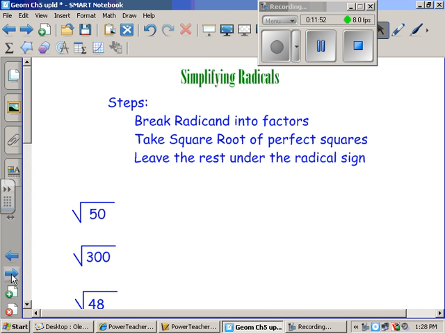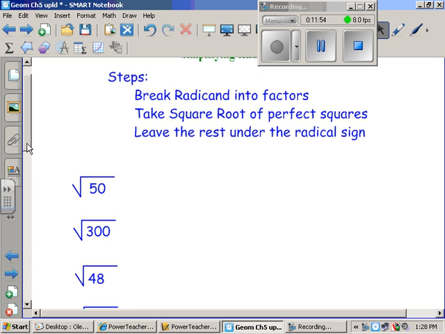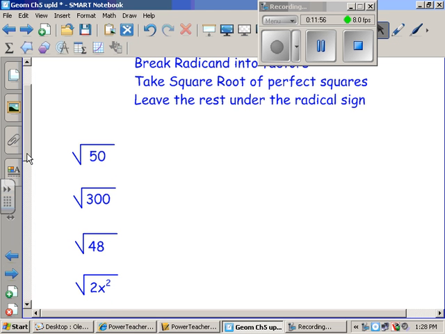Just a quick review of simplifying radicals. I know we did this already at the beginning of the year, but I just want to remind you. When we're solving the Pythagorean theorem and you get 50 as your c squared, you take the square root and you want to reduce it.